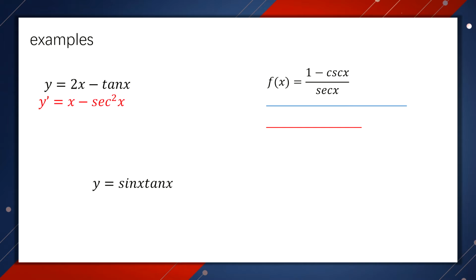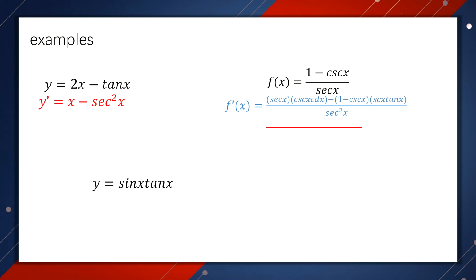Here this is not x, this is 2, and the final answer is 2 minus secant squared x, and we know the tangent x derivative is secant squared x. The next step, we need to apply the formula g of x times f prime of x minus f of x times g prime of x over g of x squared.